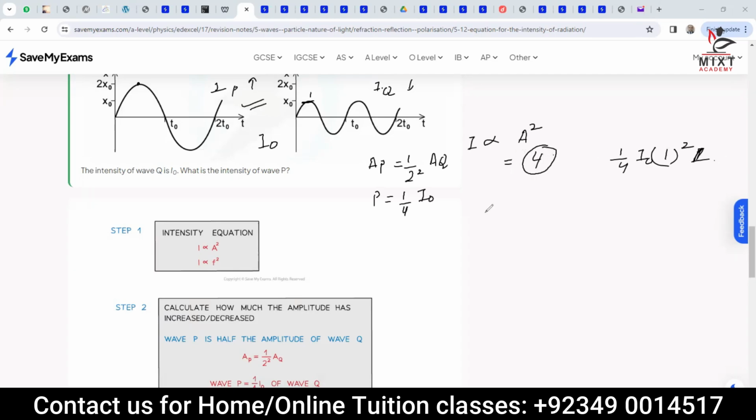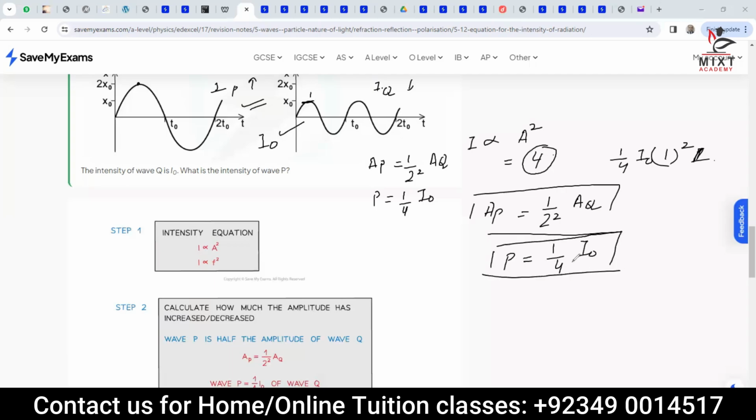I can write it as AP, which is this one, is equal to, because this one is already 4, 1 upon 2 square times AQ. This is about the amplitude. So we know that if amplitude is like this, the intensity will be the square of it. So basically here it's 1, here it's 4. So it will be 1 upon 4 I naught.